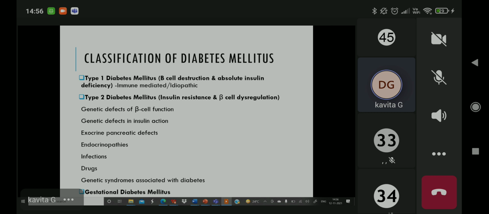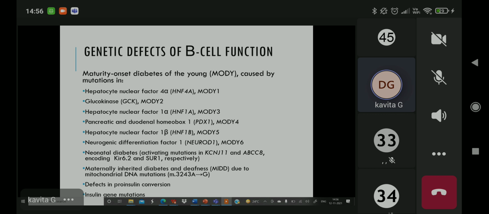So type 1 is clearly immune mediated and it's a different story altogether, and it's generally seen in the younger age group. Now we talk about type 2, in which we have all these genetic defects of beta cell function, right? So maturity onset diabetes of the young. So basically you have all these genetic defects, MODY 1 to MODY 6.